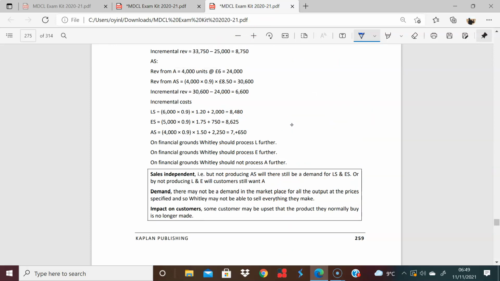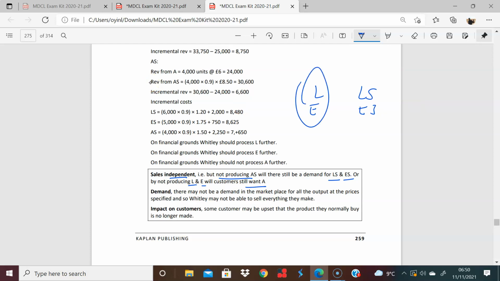So you can see here it says sales independent, but if you're not producing AS, will there still be demand for LS and ES? Or by not producing LE, will customers still want A? So it really is just a question of assessing the fact that you're going to be stopping the production of certain products. L and E will stop because you're now doing LS and ES. So is there enough demand for this?